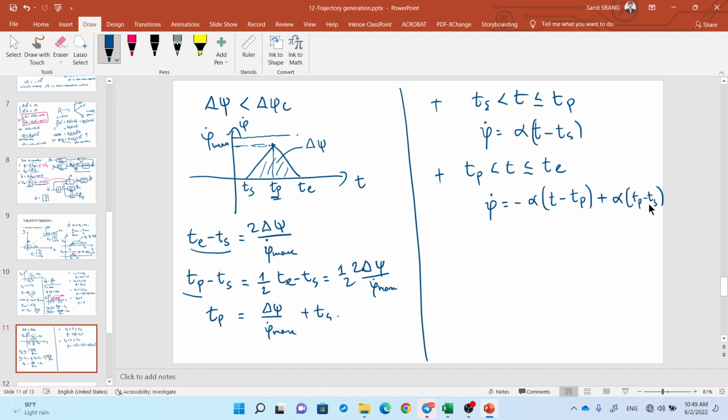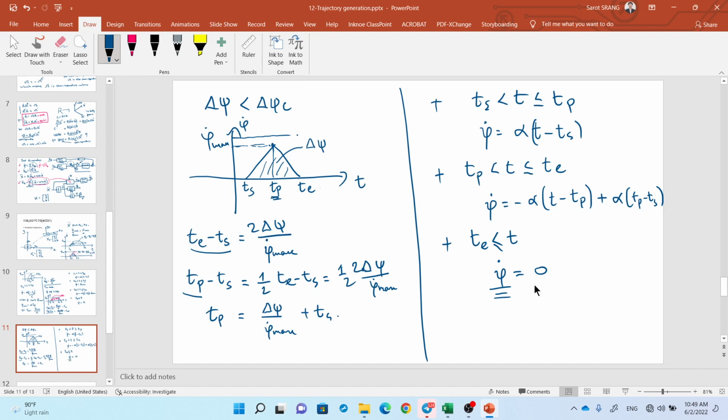Can we cancel each other? Okay, that's fine. And then for t greater than or equal to Te, psi dot is 0. So we can generate velocity.